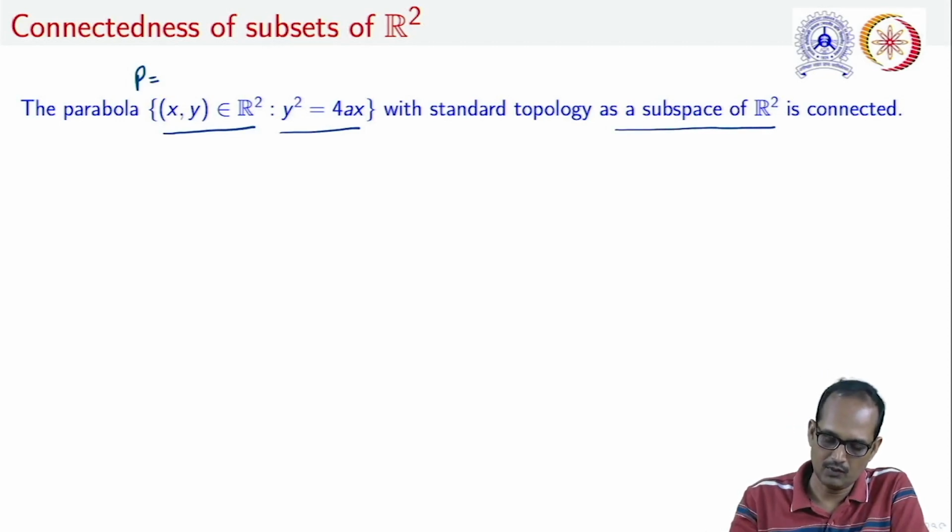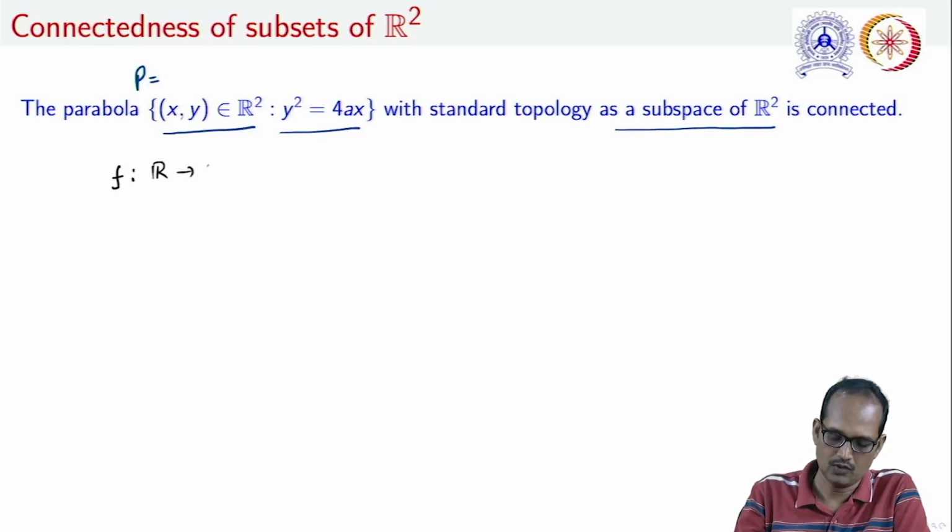If we want to see the connectedness of this parabola, let us define a function f from R to R2 such that f of t is equal to (t square upon 4a, t).